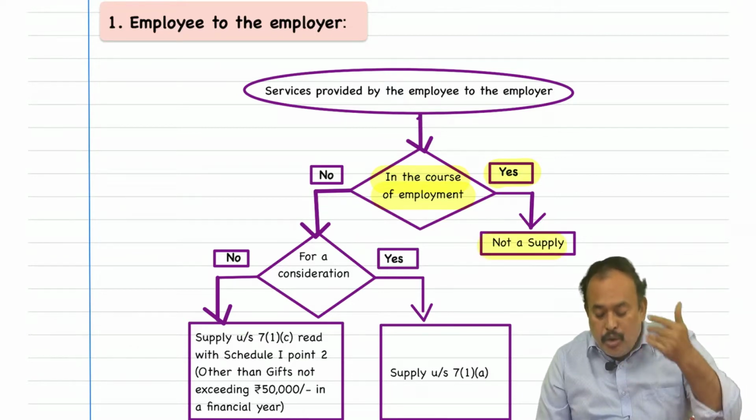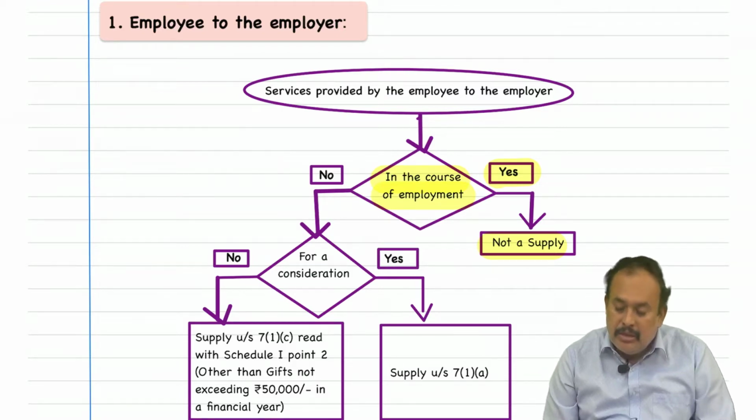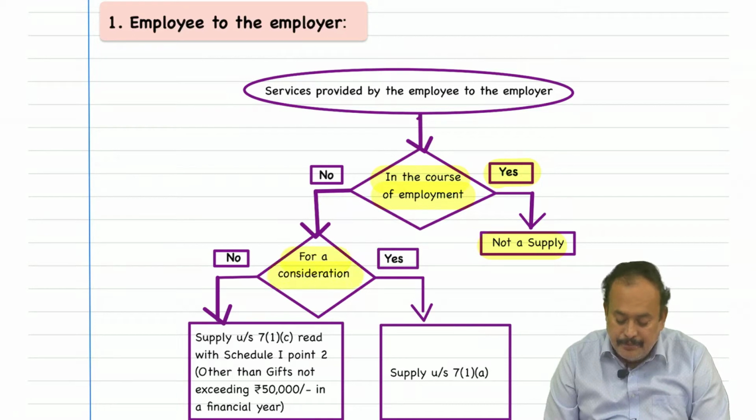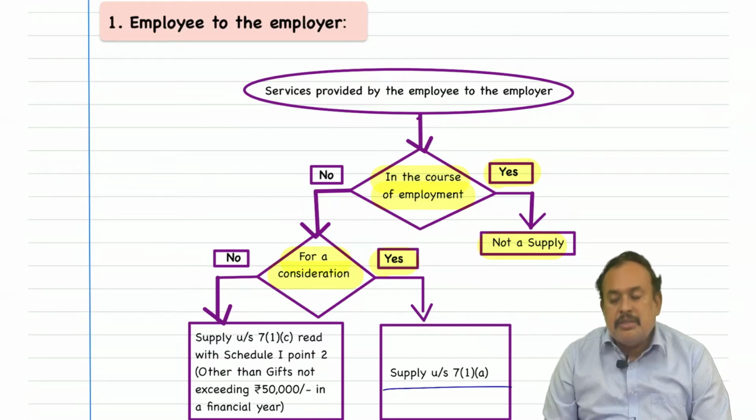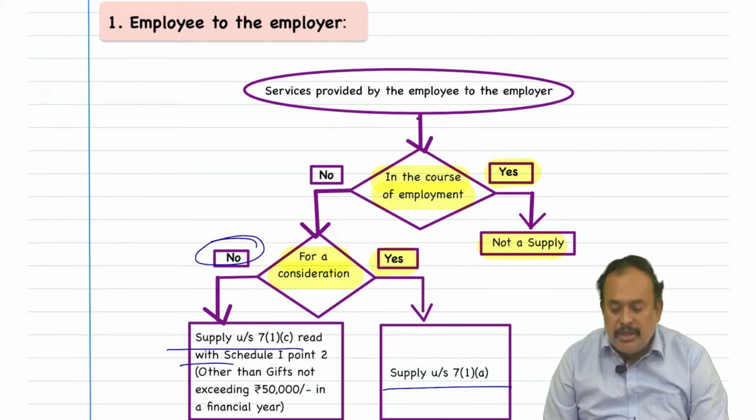If you say no, not in the course of employment, then is it for consideration? Yes sir, in that case it is covered under Section 7 subsection 1 clause A. If not for consideration, it is covered under Section 7 1C, read with Schedule 1 point number 2.